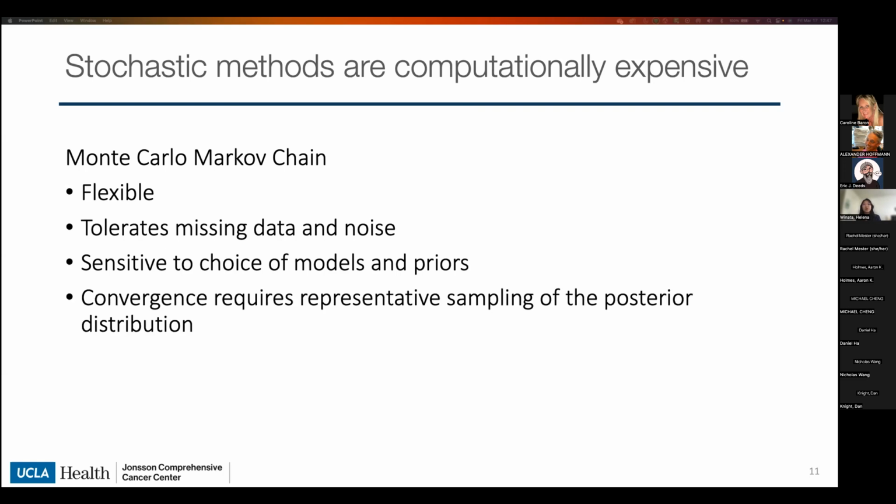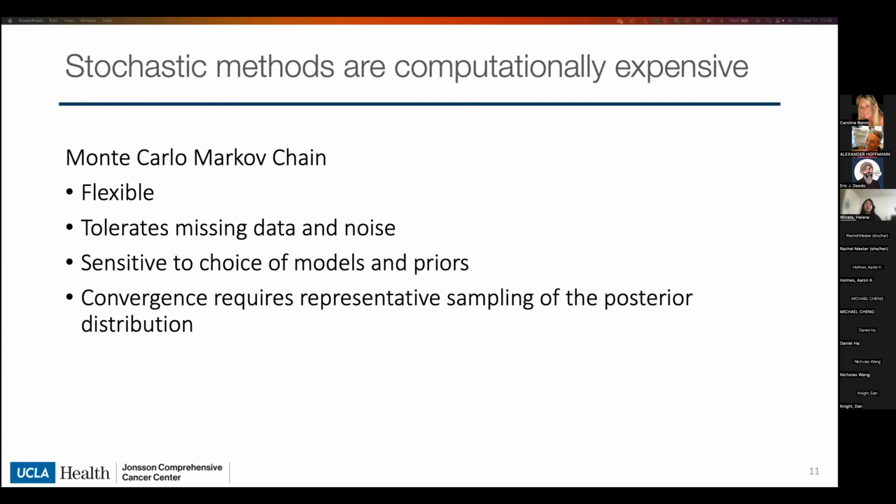Lastly, when you use MCMC, convergence requires representative sampling of the posterior distribution. So what that means is that it needs to traverse enough of the parameter space in order to reach a good solution. And so this last point becomes extremely limiting when working with larger data sets, since the amount of sampling required grows exponentially with the dimensionality of the data.